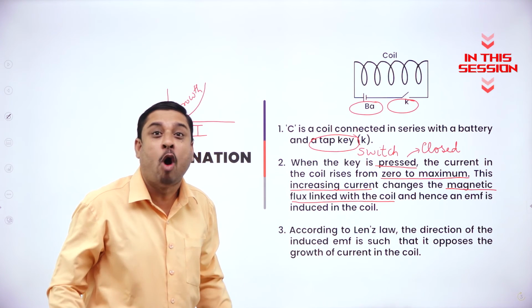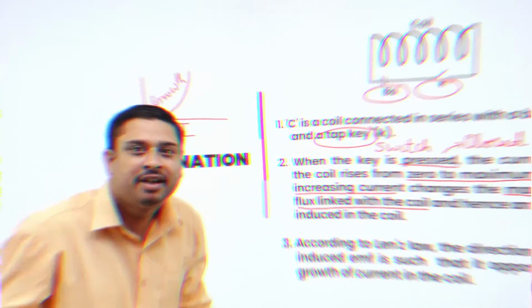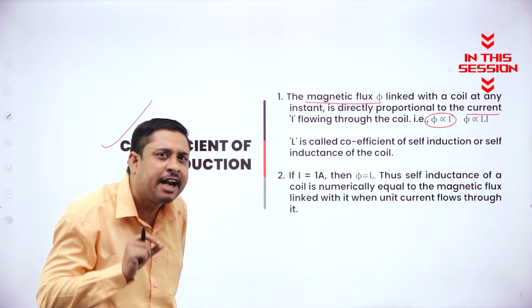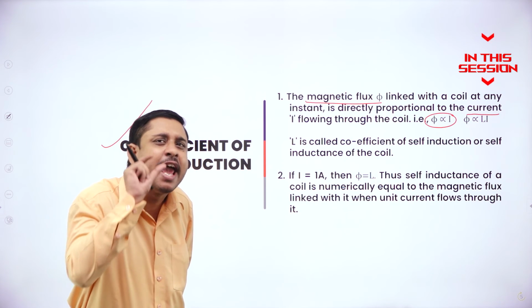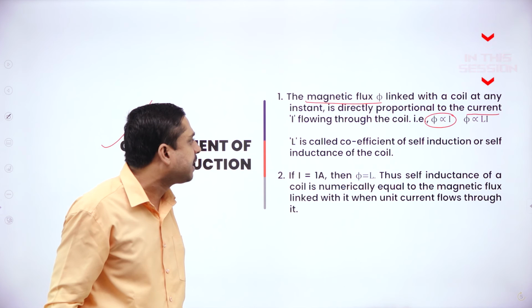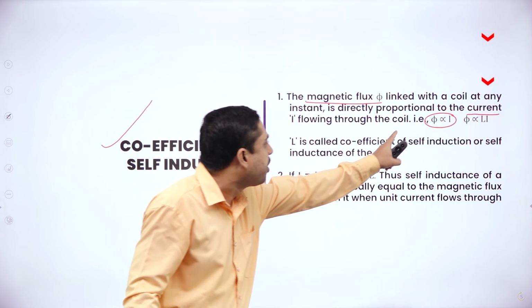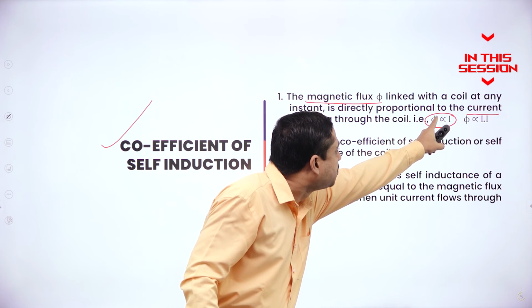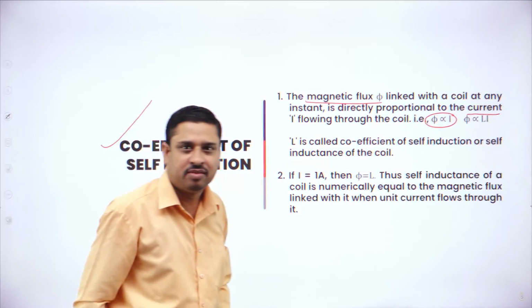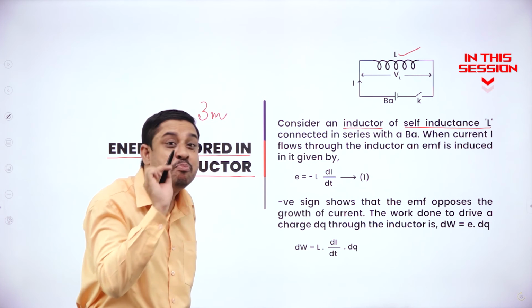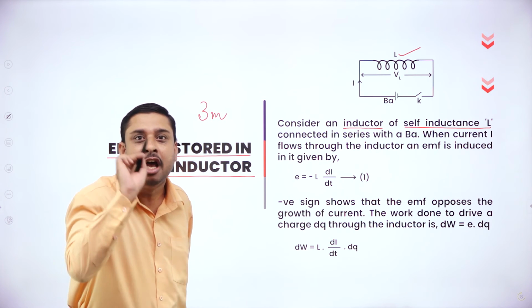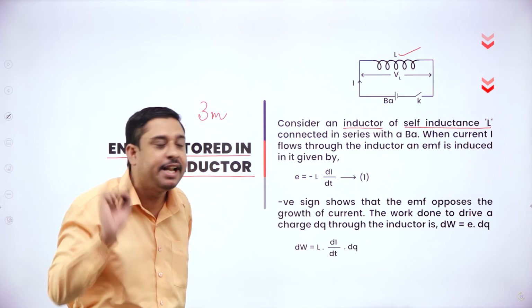No. Then how did I induce the EMF? If a small current flows through the coil, there is small variation in magnetic flux. Therefore, phi is proportional to I of self-inductance L. That is a symbol for the inductor, coil, representation.